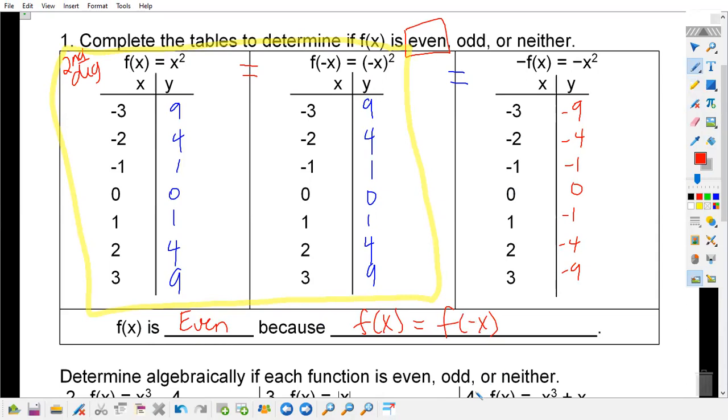Which means my y values stay the same. My x values change, right? Even though my x values changed, my y values stayed the same, okay? So that's what you're doing. You're analyzing two tables and determining whether they are odd, even, or neither.